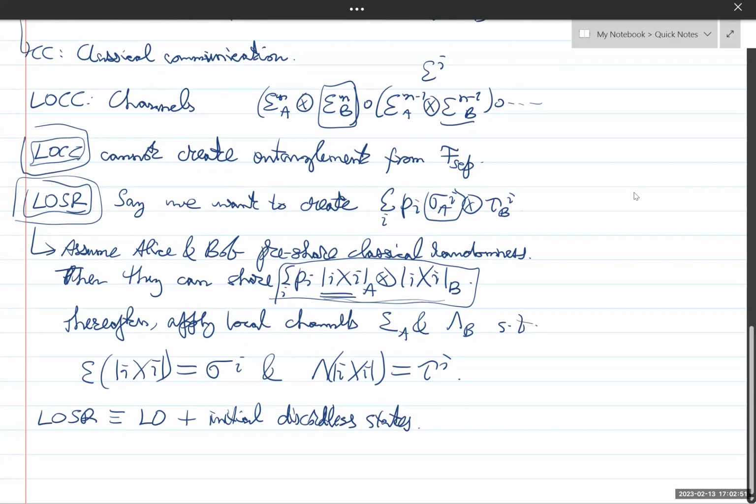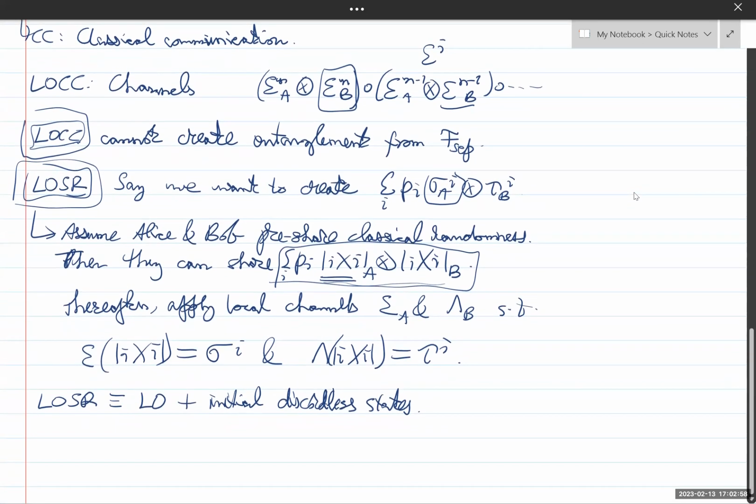So I just try to understand, because I actually have never computed discord for a specific state. Are you saying that the state that you wrote there, this sum over p_i, |i><i| tensor |i><i|, is exactly of such a type? Yes, I'm sure that this has zero discord. I see. And a general separable state, can that have discord?